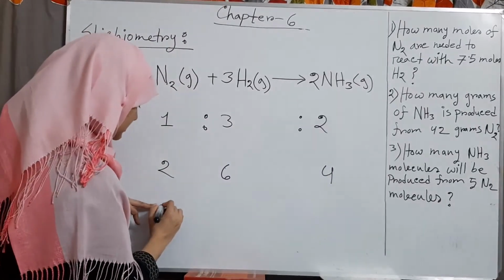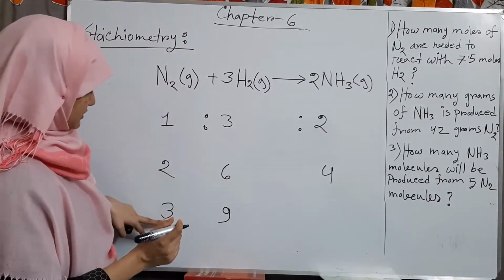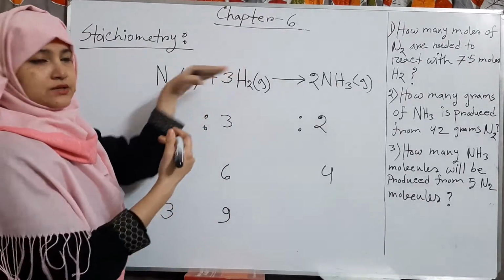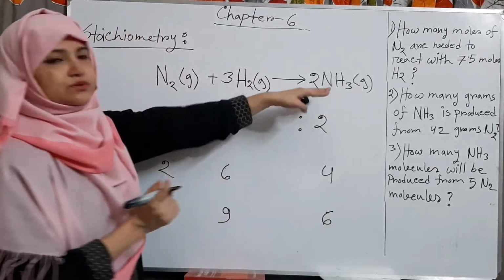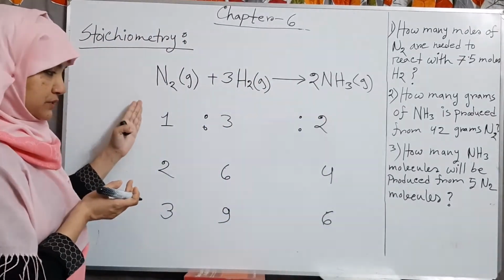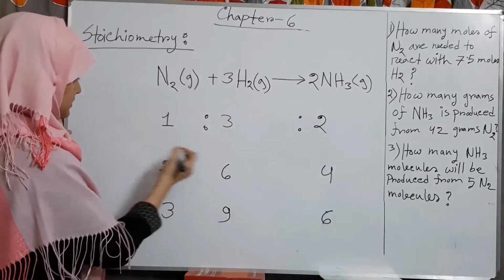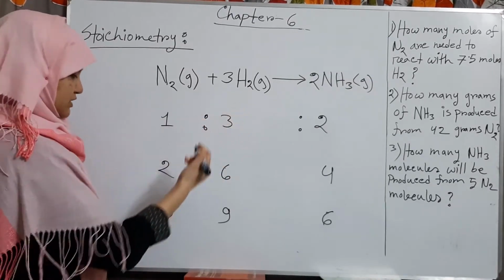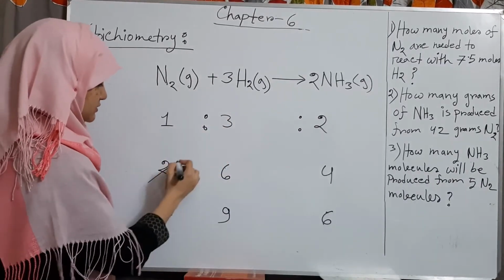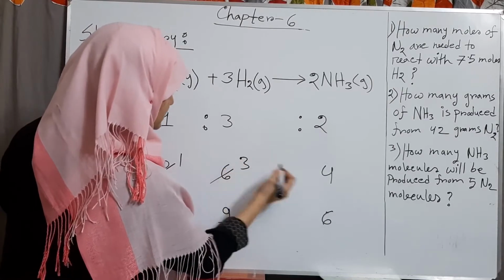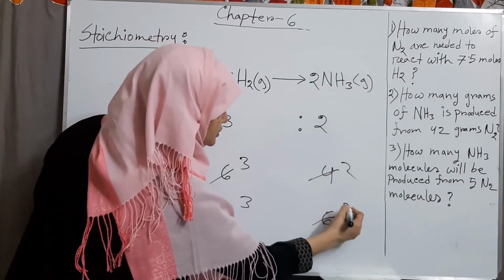And if we take 3 nitrogen, then 3 nitrogen react with 9 molecules of hydrogen and produce 6 molecules of ammonia. Now if we calculate the simple ratio, for every case we get the same ratio, which is 1:3:2.